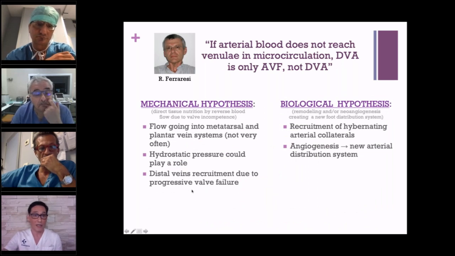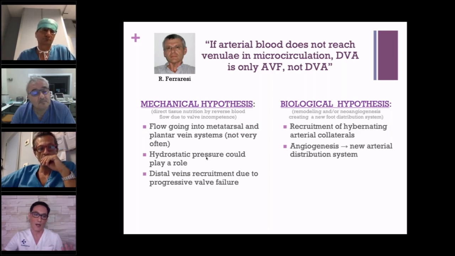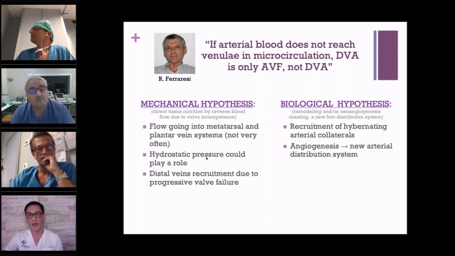So according to Roberto Ferraresi, there are two basic mechanisms of action, the mechanical one and the biological one. And the mechanical consists of the direct tissue nutrition by reversal flow due to the hydrostatic pressure of the DVA, and this will perform a distal vein recruitment that will provoke a vein failure.